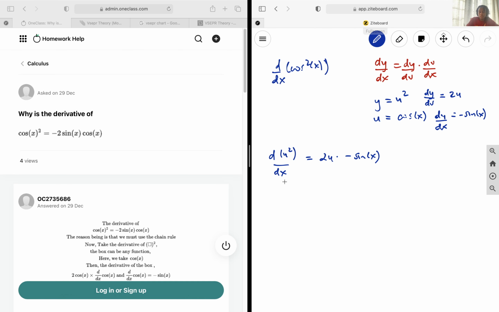And then we're just going to substitute u for cos x, and so we get d cos squared x over dx is going to give us 2 multiplied by cos x multiplied by negative sine x. And then we can just pull out the negative to be out front, so negative 2 sine x cos x, proving that what is given in the question is correct.